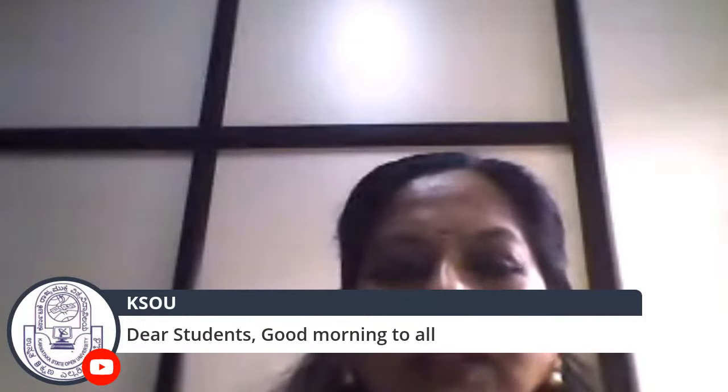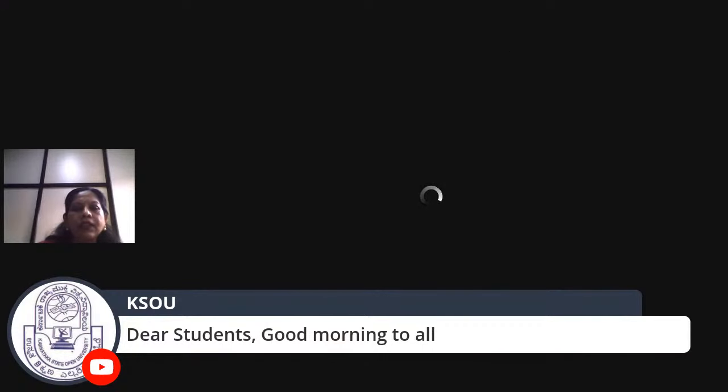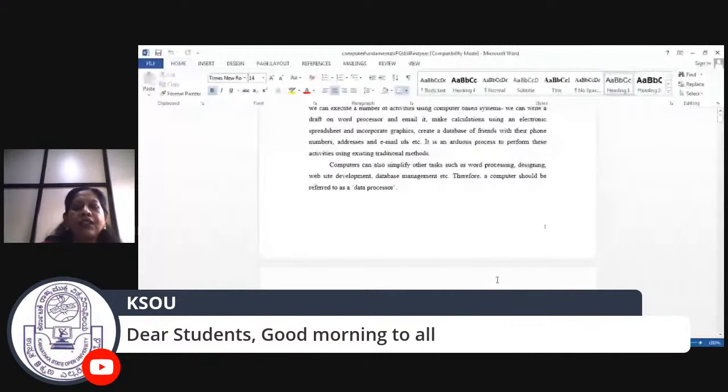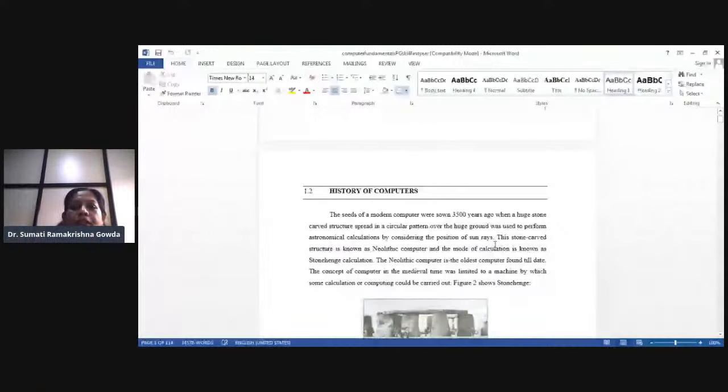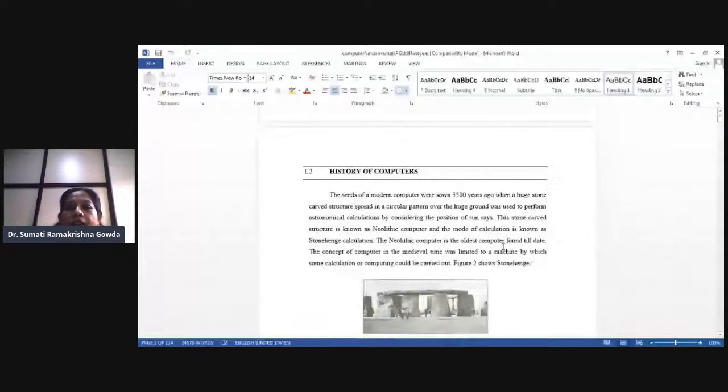So, as per the syllabus, we will study the history of computers. In the history of computers, the seeds of the modern computer were sown 3,500 years ago, when a huge stone carved structure spread in a circular pattern over a huge ground was used to perform astronomical calculations by considering the position of sun rays.